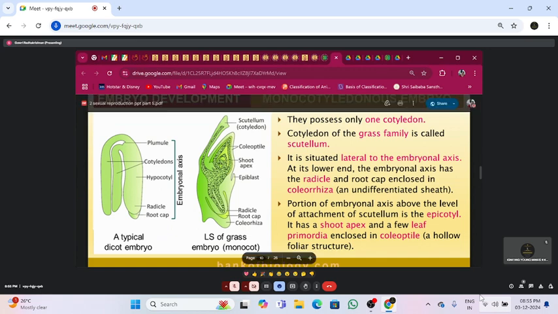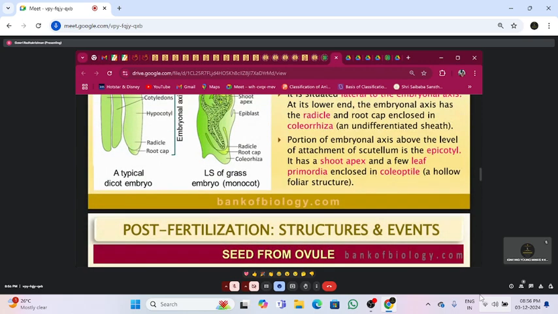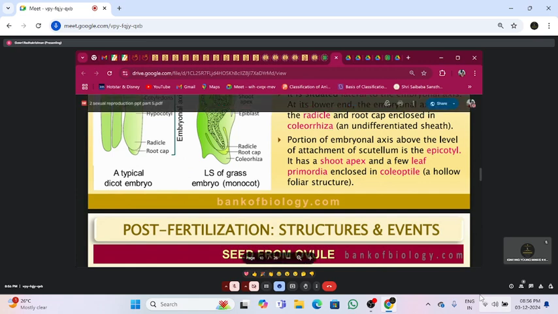Then it has the epicotyl, shoot apex and leaf primordia. All of this is there, and this space is a hollow foliar structure.